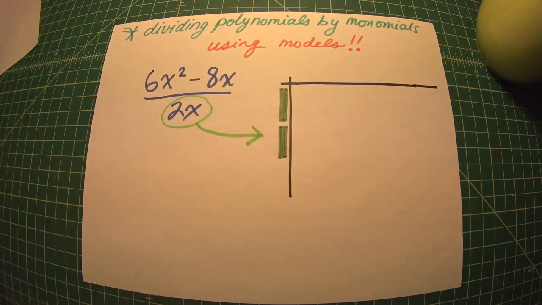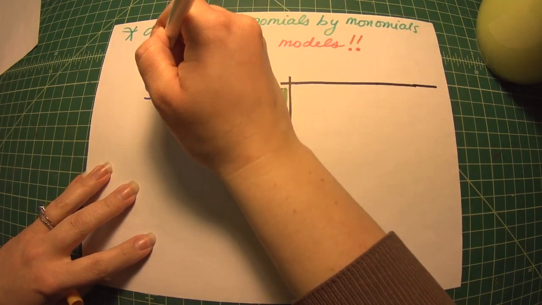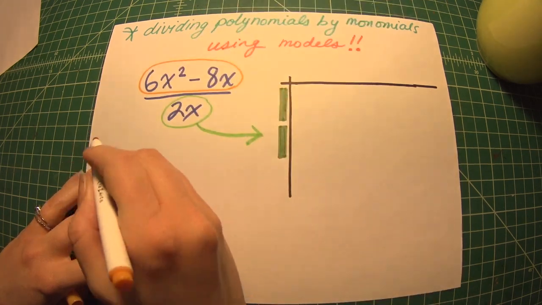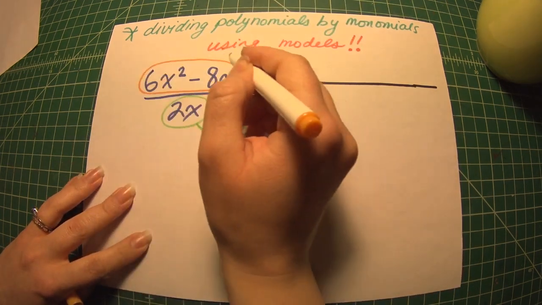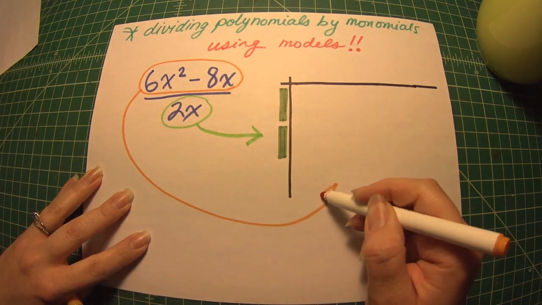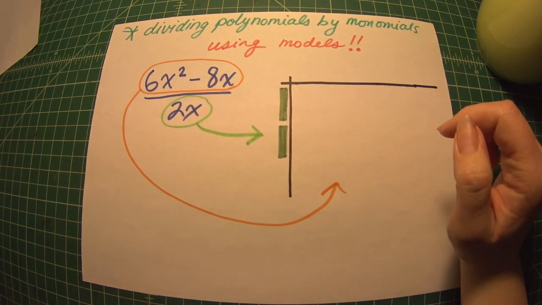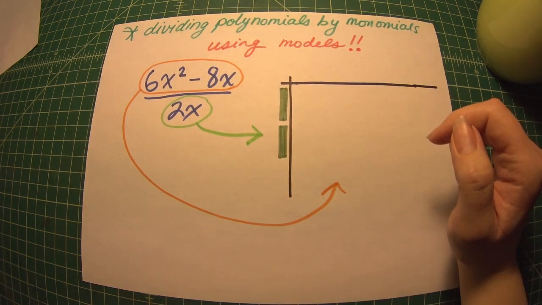Now I need to model out the top, or the first term in my division statement. I model that out inside of my frame. Because when we're solving division, we're working backwards of multiplication.